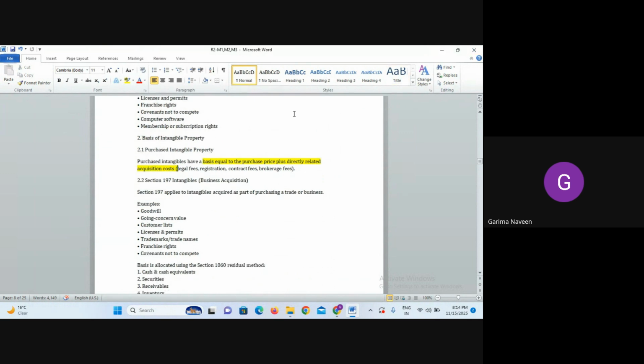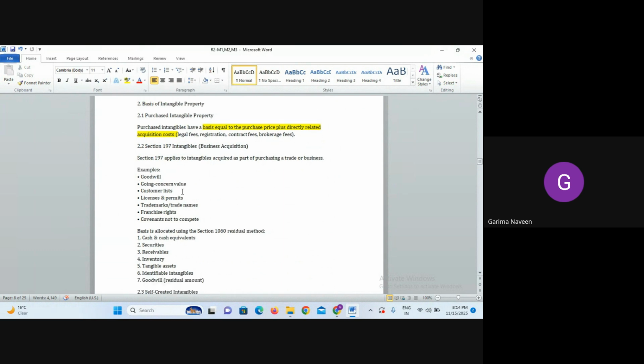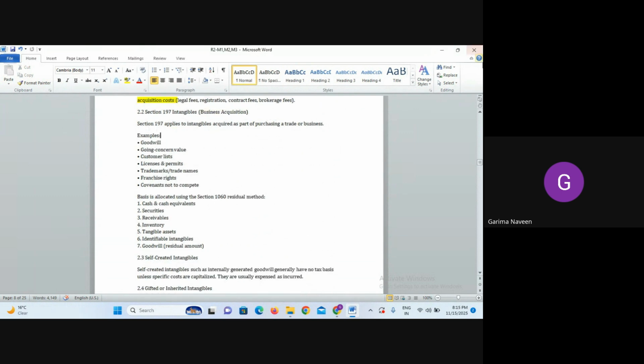So this is for intangibles which you have purchased. Next is section 197 intangibles. Section 197 intangibles are those intangibles generally acquired as a part of a business acquisition. For example, your goodwill, your going concern value, customer list, licenses and permits, your franchise right, covenant not to compete. So these are some section 197 intangibles.